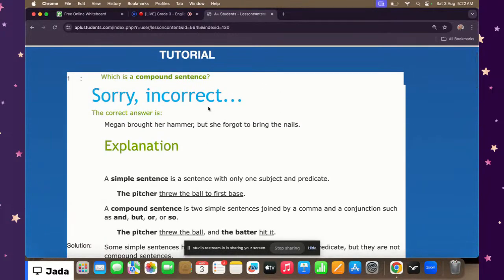Mega brought her hammer, but she forgot to bring the nail. Now, it has a comma, it has the conjunction there. So you should know that this is a compound sentence.